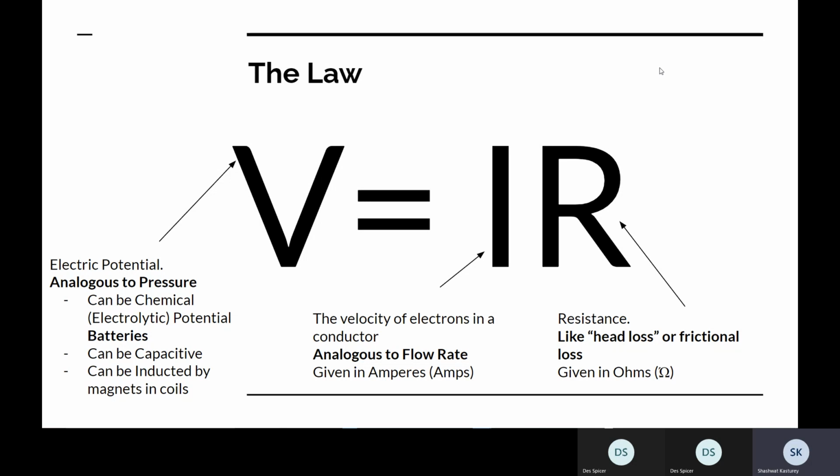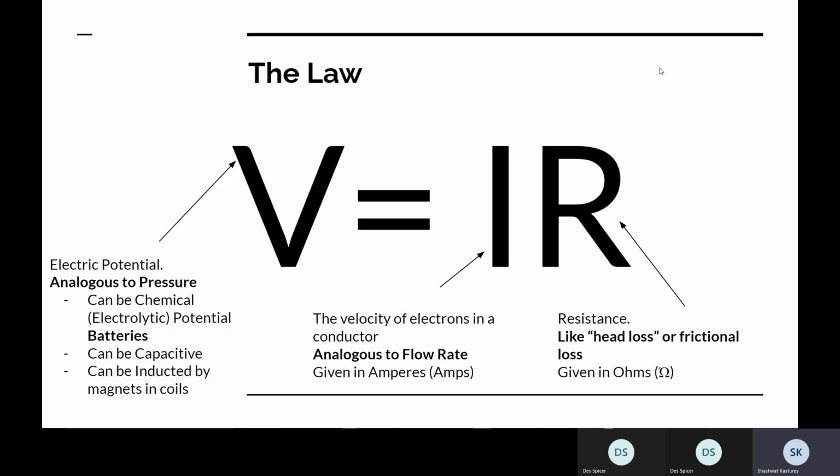That's voltage. Current is the velocity of electrons in a conductor. It's analogous to flow rate in a fluid system. It's given in units of amps, and voltage is given in volts. Current is simply the velocity of electrons flowing through a given conductor.